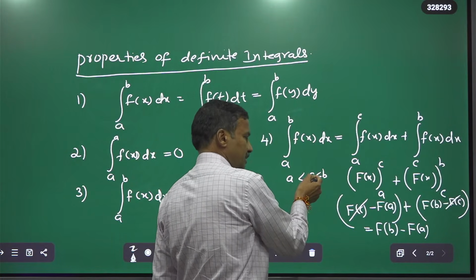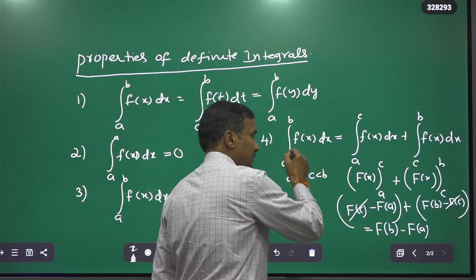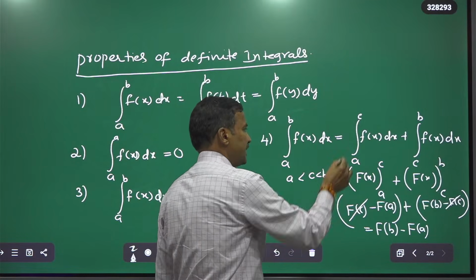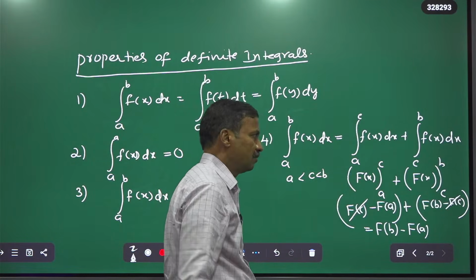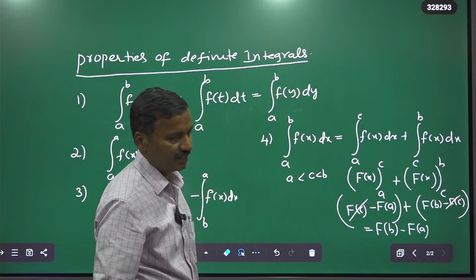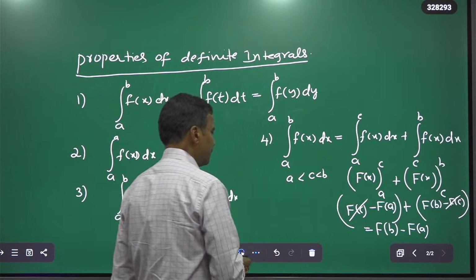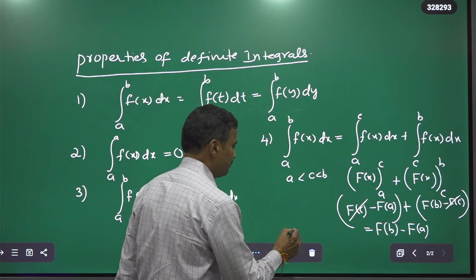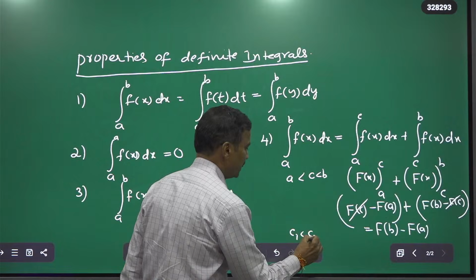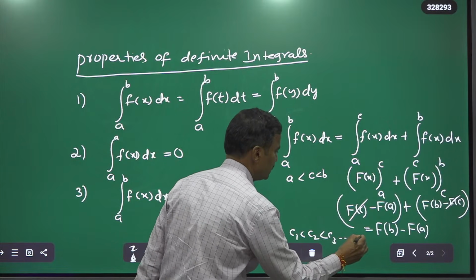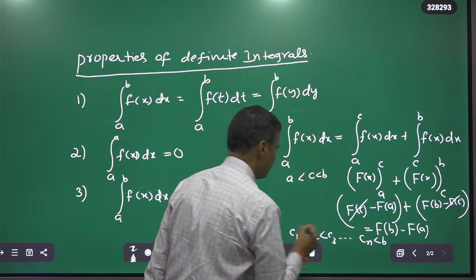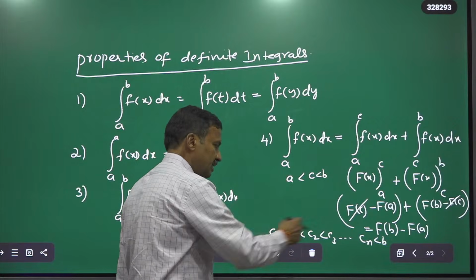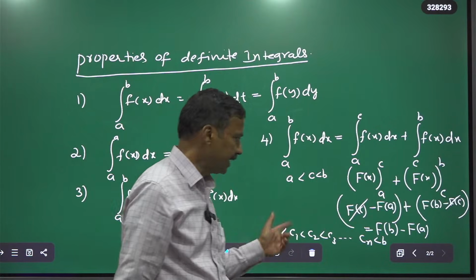Like this we can split the integral. If c is a real number between a and b, then this integral can be written as a to c f of x dx plus c to b f of x dx. This can be written for any finite number of real numbers. Suppose c1 is less than c2 less than c3 and so on, up to cn, all greater than a and less than b. These are real numbers between a and b.